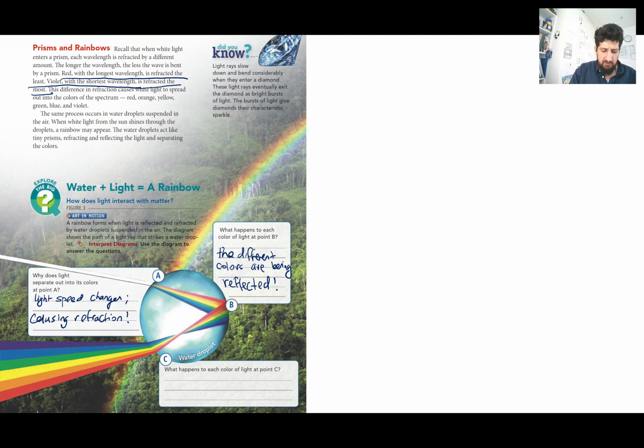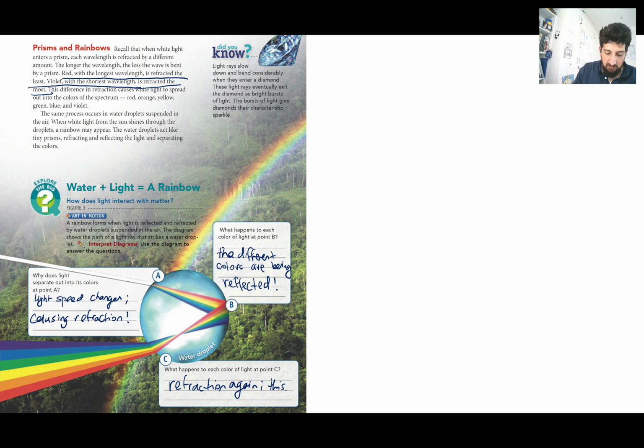What happens to each color of light at point C? At point C, that's something also very interesting. We have refraction once again. But this time it's going from slow to fast.